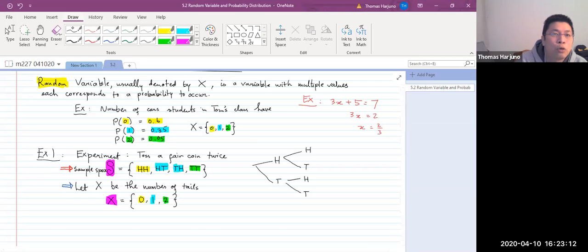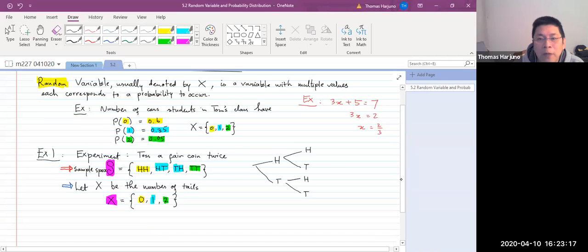Okay. Now, to go on further, I said earlier that if you have a random variable, then that variable has multiple values. As we see here, it has possible values 0 or 1 or 2, and each of them corresponds to a certain probability level.